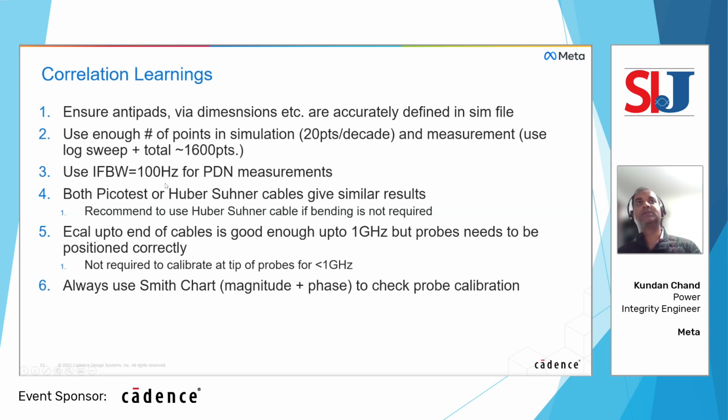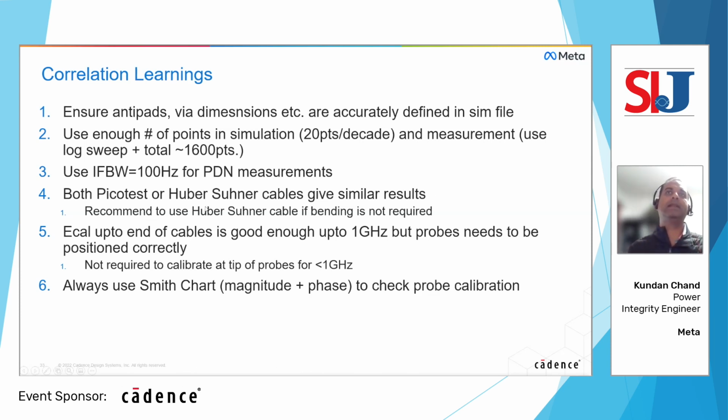We found this improved our results quite a bit, because if we used a higher IF bandwidth, we did see a lot of noise in our measurement results. Even though using an IF bandwidth of 100 Hz will result in a pretty slow calibration and measurement, we still highly recommend doing that.